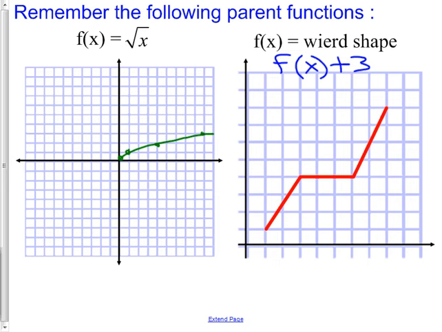Take the squiggly and do what? Move it up 3. So you just take all the points on the squiggly, move all the points up 3. I'm taking this point now and I'm moving it up 3, taking that point, moving it up 3, actually goes off the graph. There we go. I moved my thing up 3.